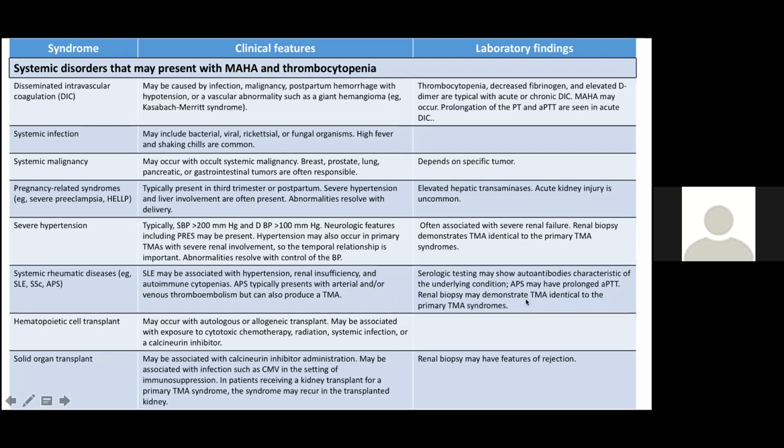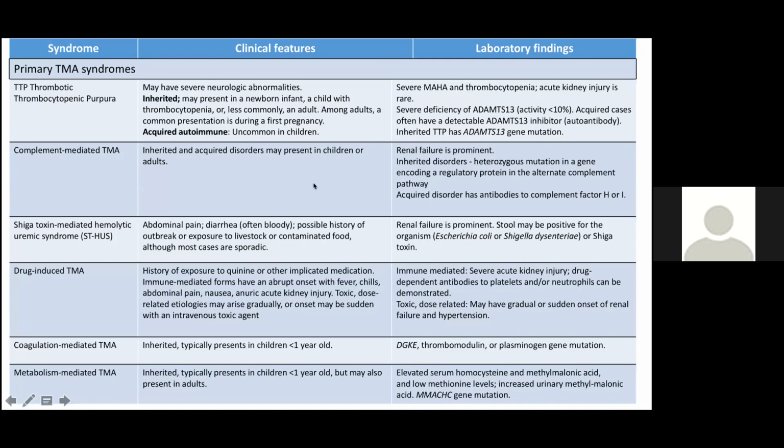Here, of course, it is very tricky because, if we go back to the previous slide, in TTP you have acquired autoimmune ones and inherited ones. In acquired autoimmune TTP, they say most of these patients have underlying SLE.